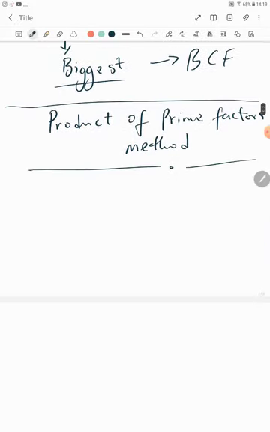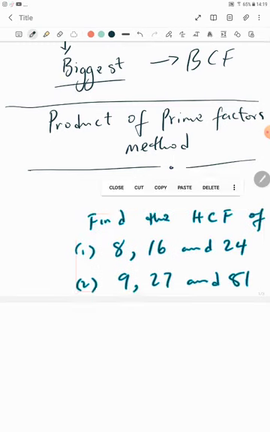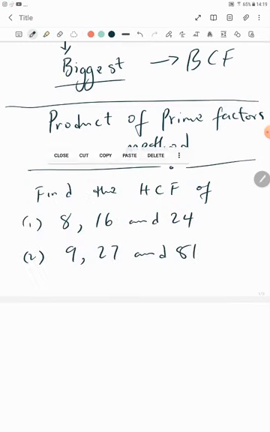So we are going to take note of the little difference when you are using this method for HCF. Let's use the same questions that we treated in the last video using the tabular method, so that we can do justice to using the product of prime factors method to solve the highest common factor of numbers.